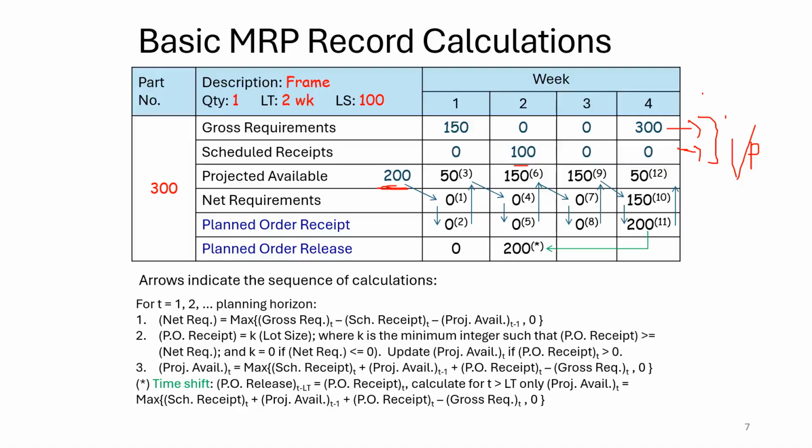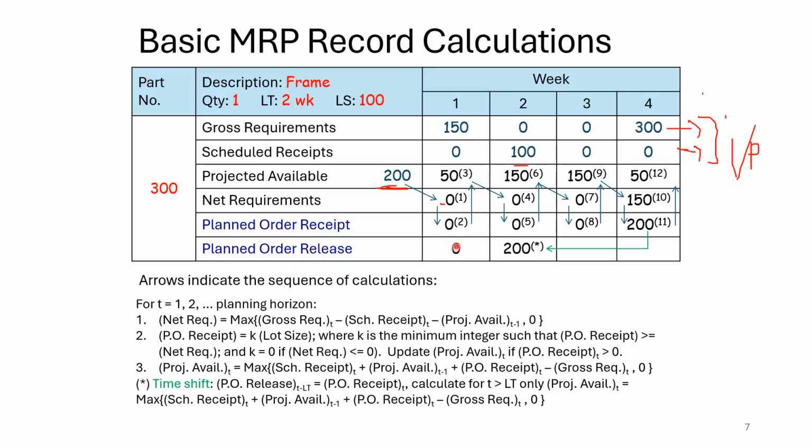So our net requirement is 0 units. Let me just change my pointer. Yeah. So our net requirement is 0 units, and hence we need to receive 0 units in week 1. And after this transaction is done, at the end of week 1, we still have 200 minus 150, which is 50 units in inventory left with us.